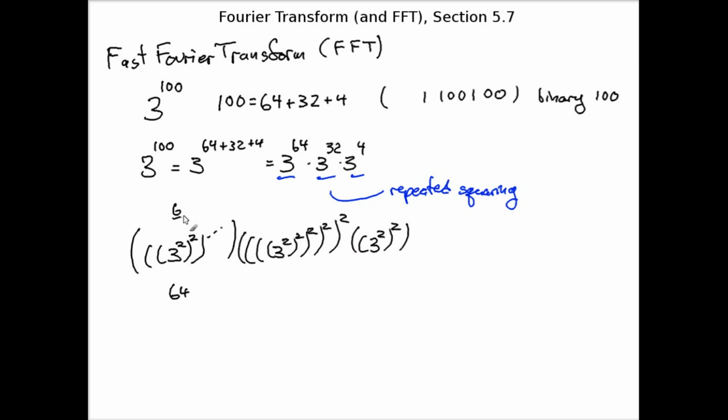And this was 6 operations, and this is 1, 2, 3, 4, 5. And this is 1, 2. And so you add those up, and the total number of operations was 13. Whereas if you'd just done it directly, of course, the direct method cost you 100. So it's a dramatic savings.